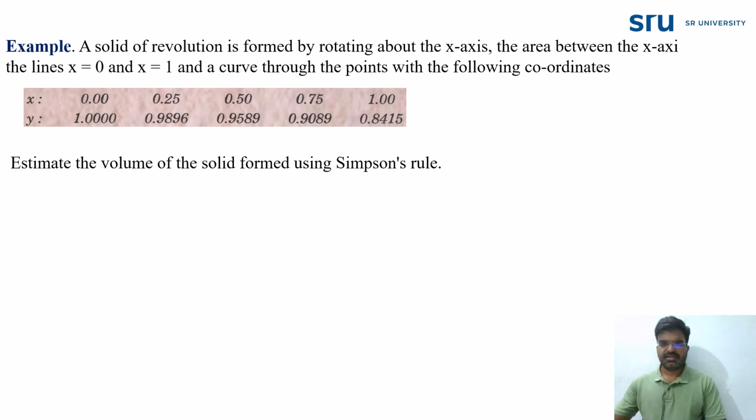Now we can discuss one more example in numerical integration. You can see the data. A solid is formed by revolution about the x-axis. The area between the x-axis and the lines x equal to 0 and 1, and the curve through the points with the following coordinates.